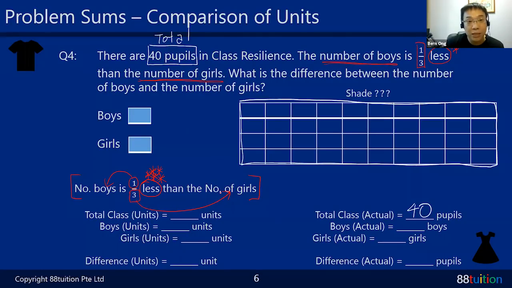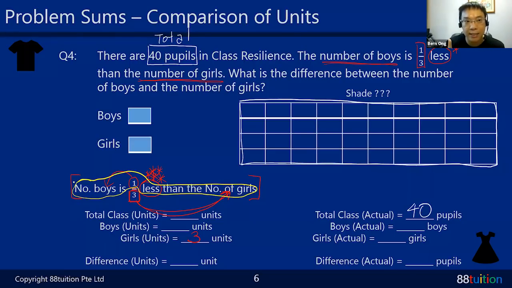For this, you have to read it as what? The number of boys is 1/3 less than the number of girls, which means the 3 is still for the number of girls. So the girls is still 3 units. But the boys, is it 1? No. You have to read it as the number of boys is 1 less than the number of girls.